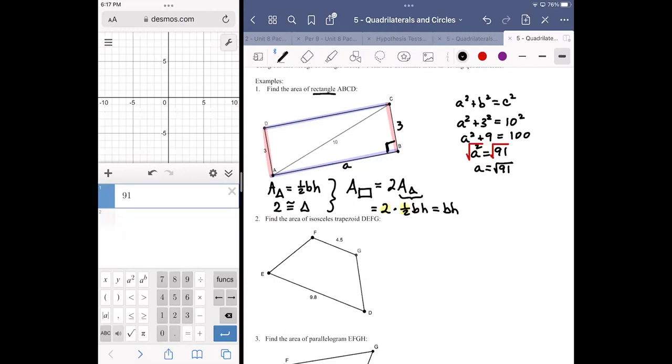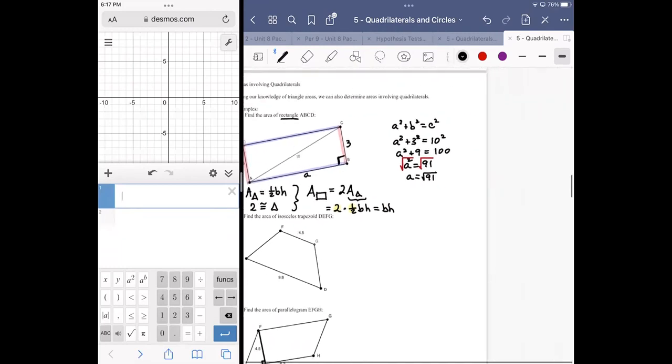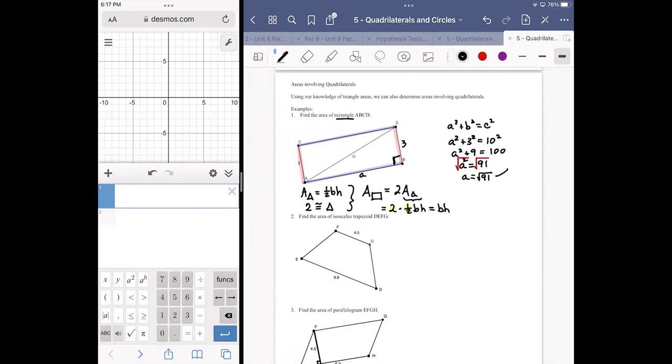So it might be factorable, but its factors won't involve a perfect square. All right, so radical 91 is where we would leave that, and that's the base. So the 3 would be the height.